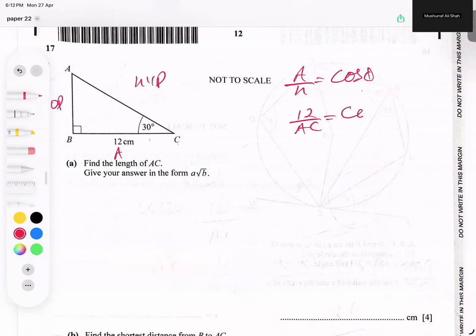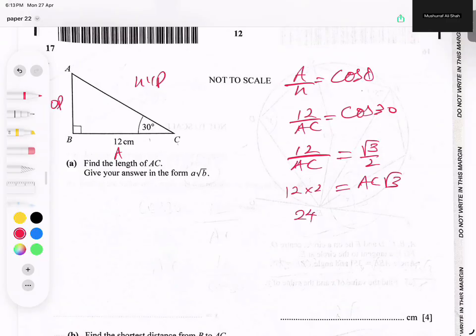And cos 30. Cos 30 value, students, we have to plug in at the same time before we bring it down. And cos 30 is equal to sine 60, which is root 3 by 2. Now do cross multiply, AC goes there, and 12 times 2 is equal to AC times root 3. Root 3 divides, we got this.